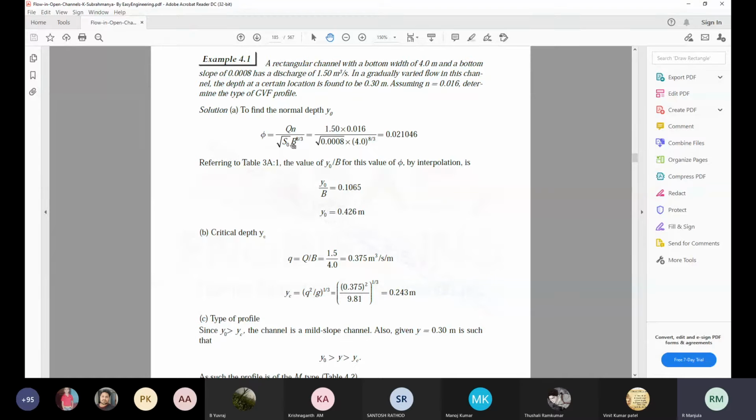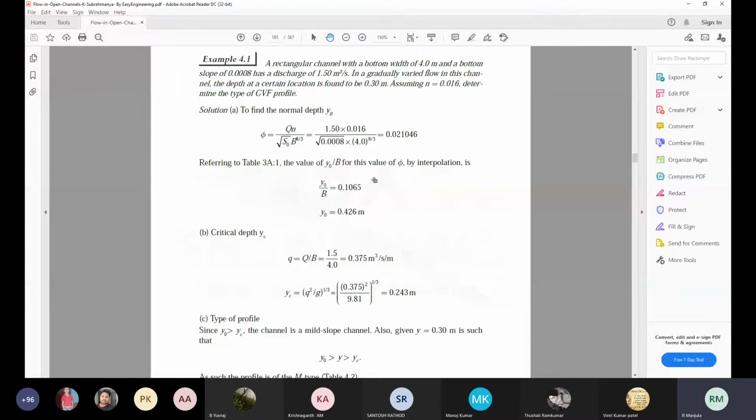This table shows the values of y naught by b for various values of phi. So for the value of phi, you can find out y naught by b by interpolation. Q is the discharge, n is the roughness coefficient, S naught is the bed slope, B is the breadth of the channel. If you substitute all the values, you will get the function phi is equal to 0.0213.